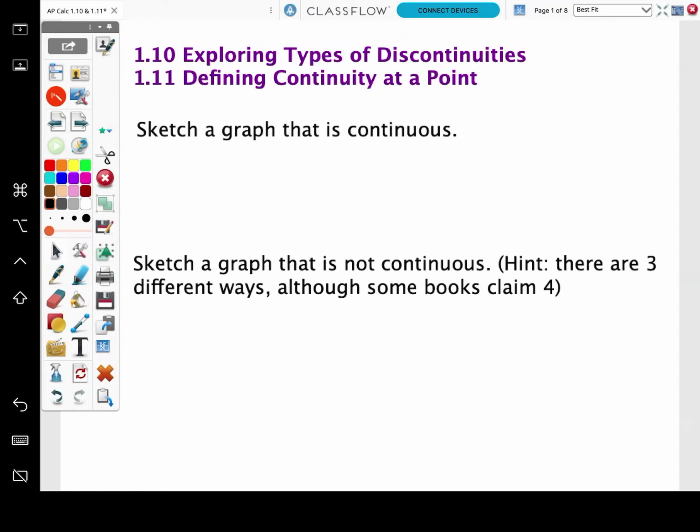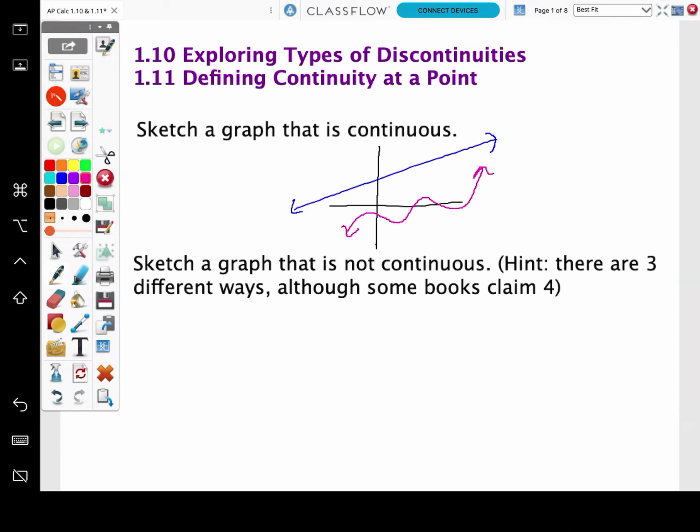And real quick, if you had to sketch a graph that is continuous, what would you draw? Probably some of you, get your axis ready, and then maybe some of you just draw a line. That is a continuous function. Some of you might put some fancy little curves in it, and that's also a continuous function.